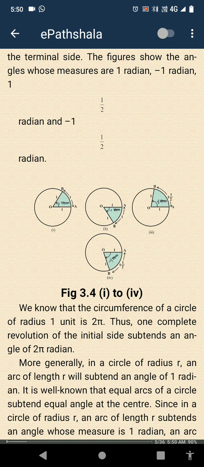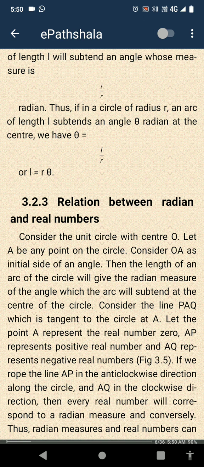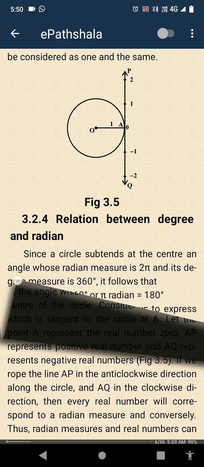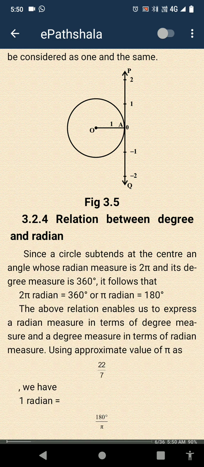So the new formula which we will get is that 2 pi radian is nothing but 360 degree. Here you can see that 2 pi radian is nothing but 360 degree, because the whole angle is 360, and the arc of the circle is 2 pi. So 2 pi radian can be written as 360 degree.